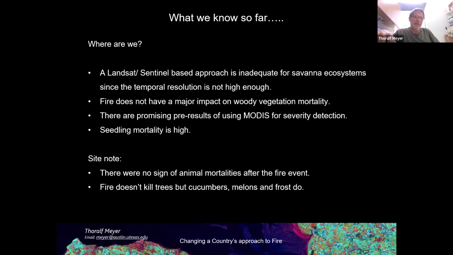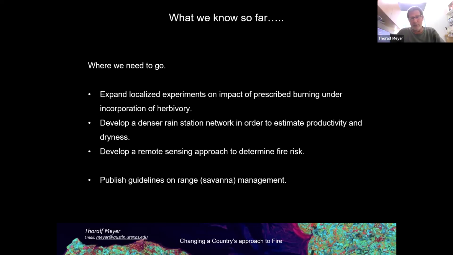There are a couple of other things we need to answer. By now, we are deploying multispectral drones to fly this. We have just gotten our hands on one, and it will be used going forward from the end of April this year. We're expecting some more results on that end, and we're really looking forward to that.